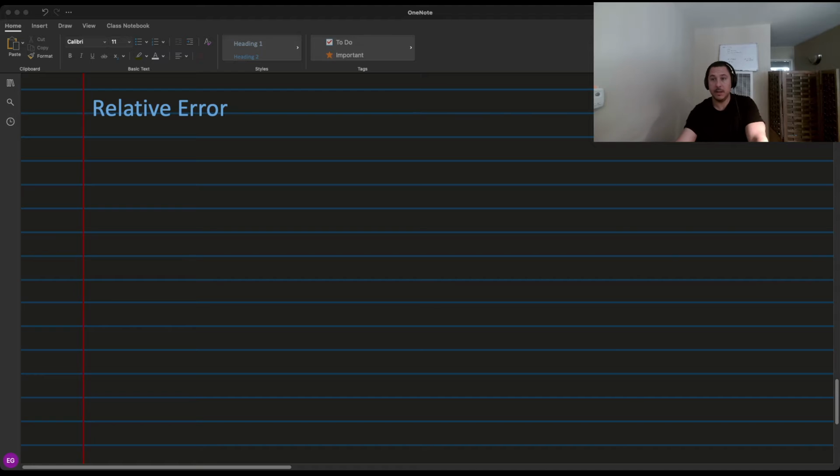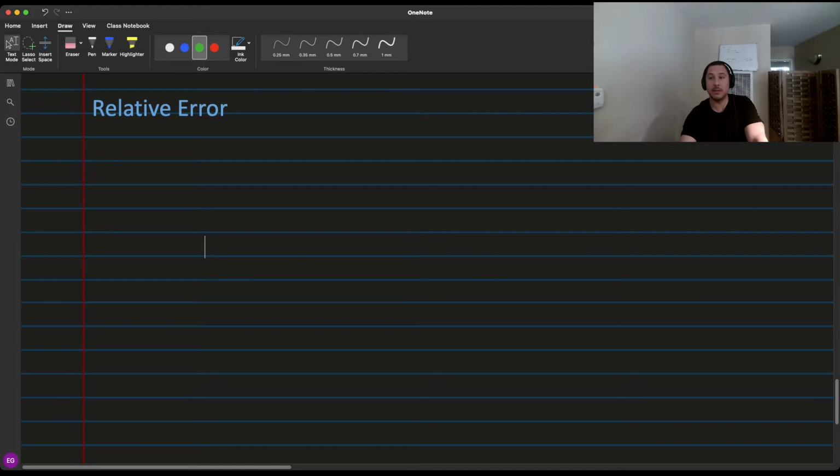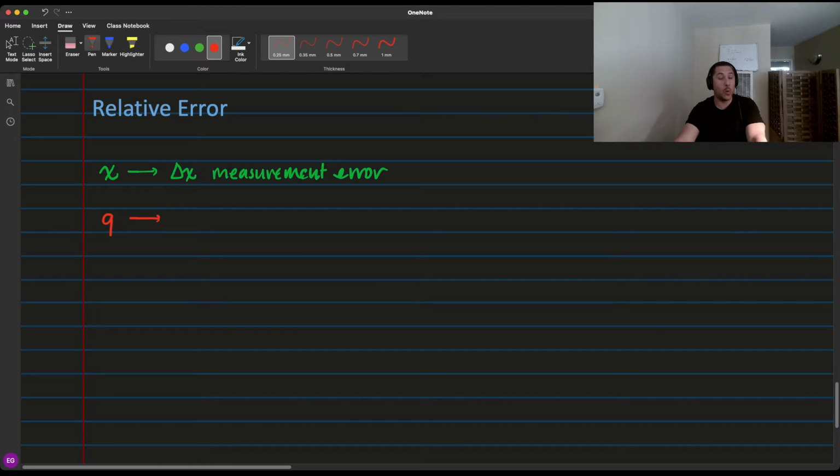Usually the way this works is that you have some x, which is a measurement, and then you have delta x, which is the measurement error. Then you're going to have some value q, which you calculate using x. In the previous example, what was the quantity that we were calculating? We were taking our measurement to calculate area.